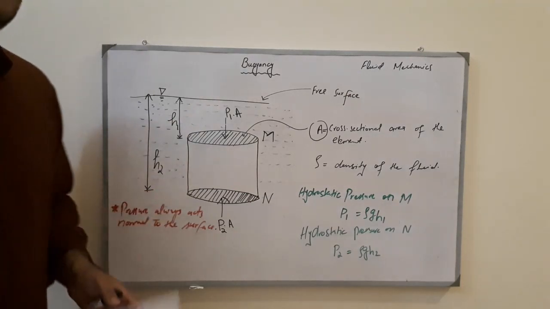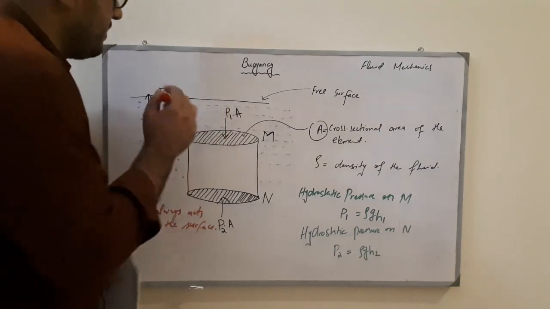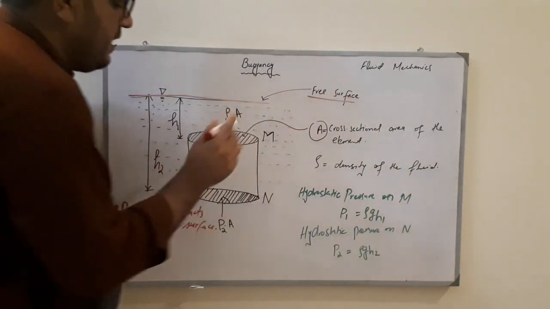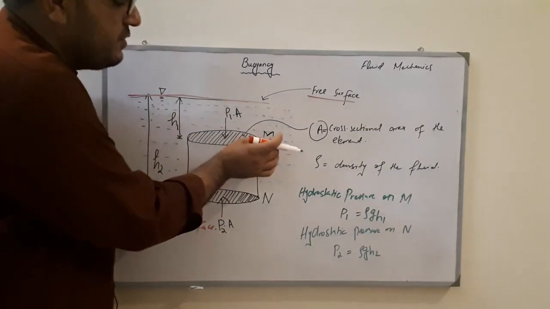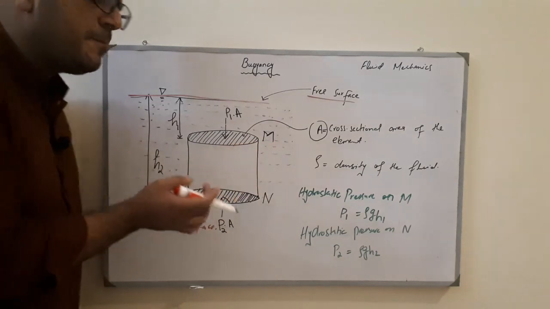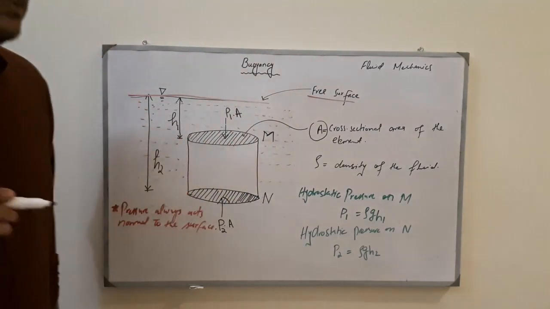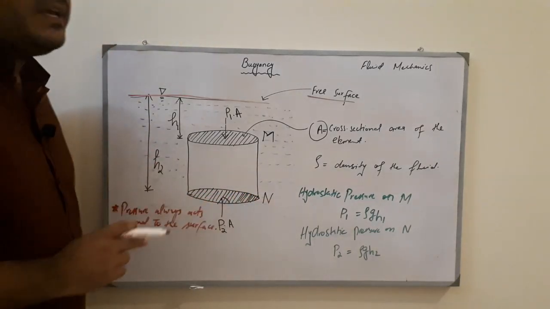Here you can see that we have considered an element that is below the free surface. So this is our free surface, and there is an element. The upper cross-sectional area, denoted by point M, is at a depth of h1, and the lower point, point N, is at a depth of h2.